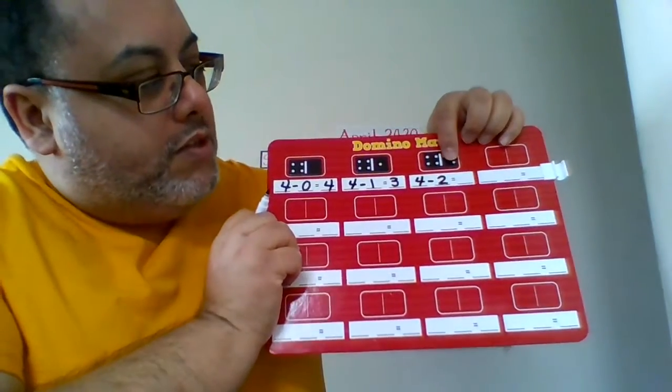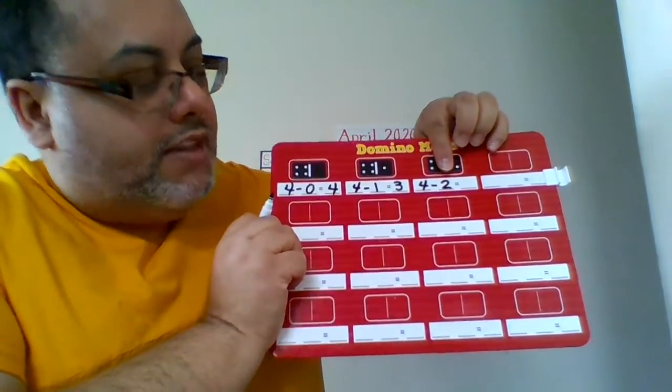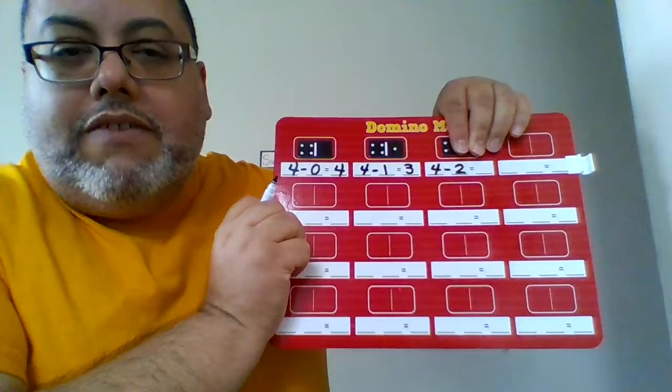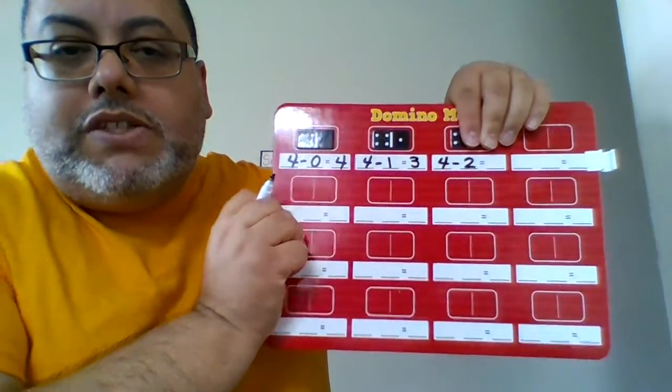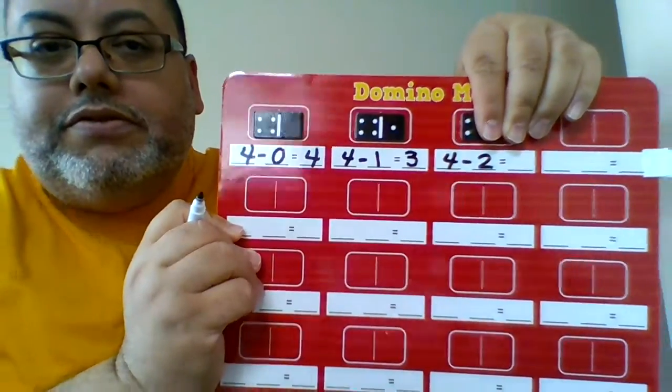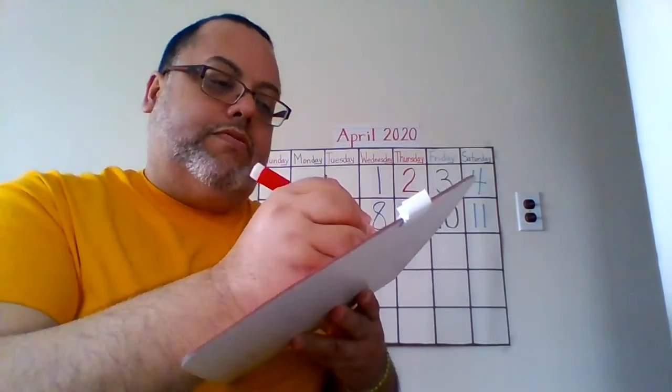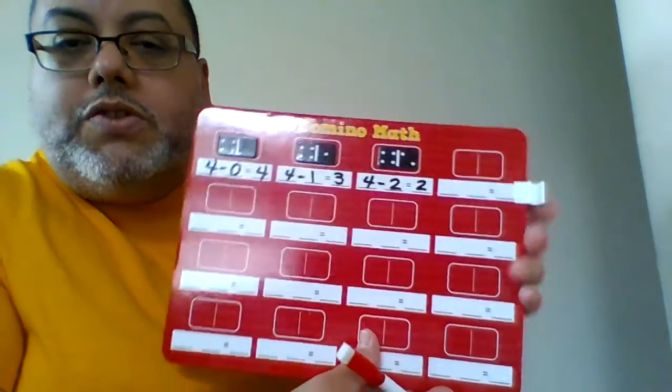So these 2 is what I'm going to take away from here. So I'm going to take those 2 away. If I take away those 2, how many do you see now? 2. Because 4 minus 2 equals 2.